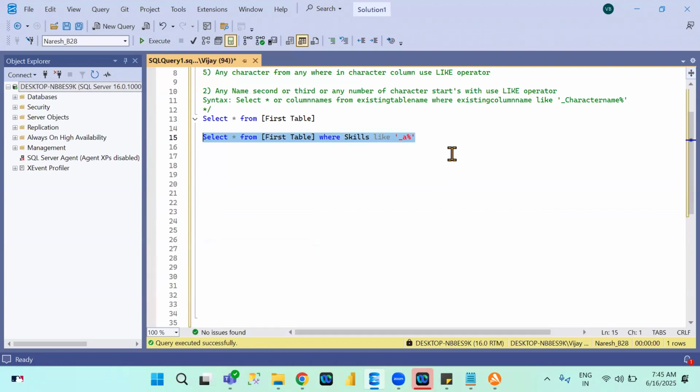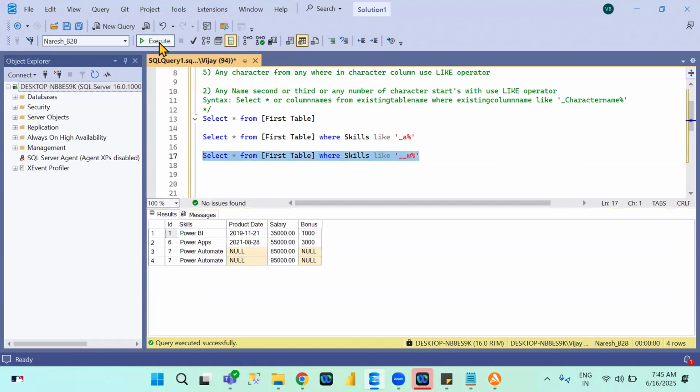Understand clearly. Suppose any third character starts with something, then two underscores. See here, immediately two underscores, then W and percentage.